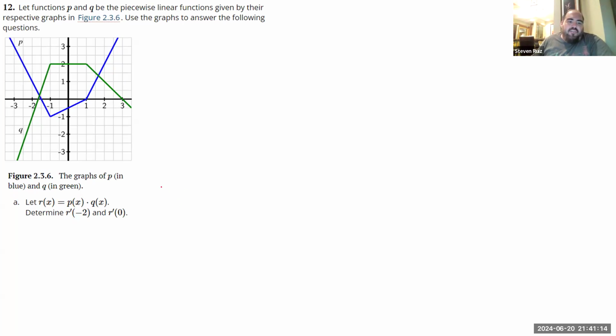So first thing we want to do is find R prime of -2. So by product rule, that's going to be equal to what? It'll be equal to P prime of -2 times Q of -2 plus P of -2 times Q prime of -2.